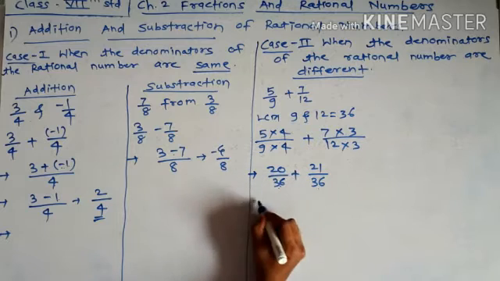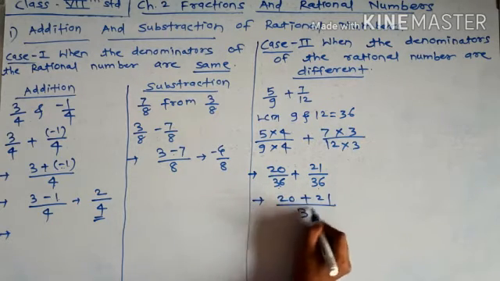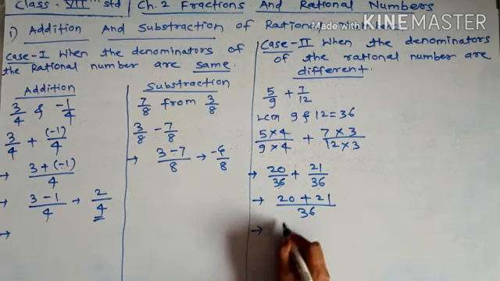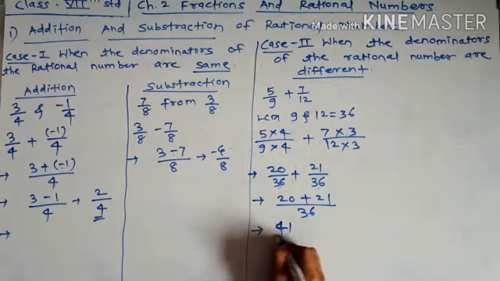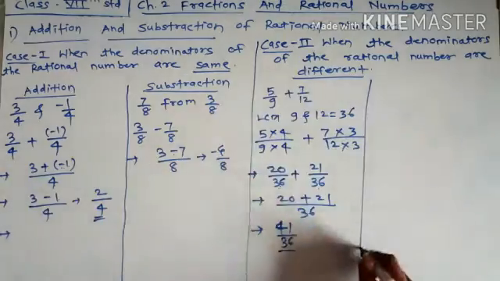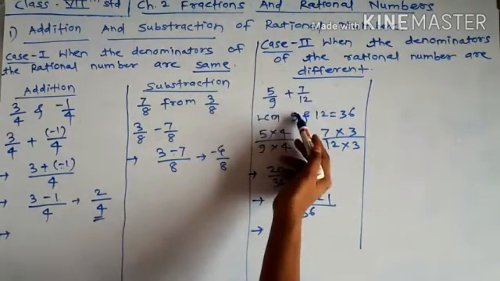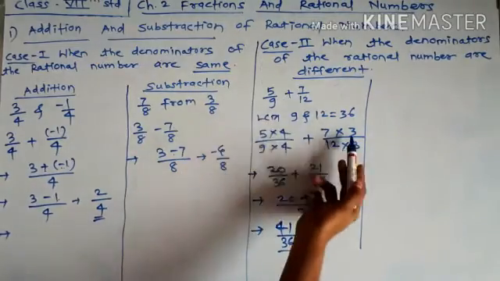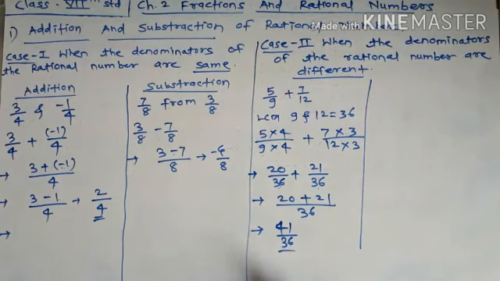So to add them, we just add their numerators and take the denominator as it is. So which gives 20 plus 21, which is equal to 41 upon 36. And that means for addition of two rational numbers having different denominators, first we have to find their LCM and then we can add the two rational numbers.